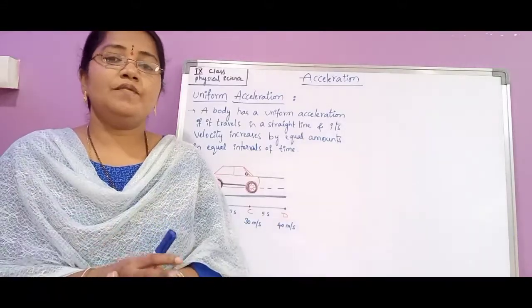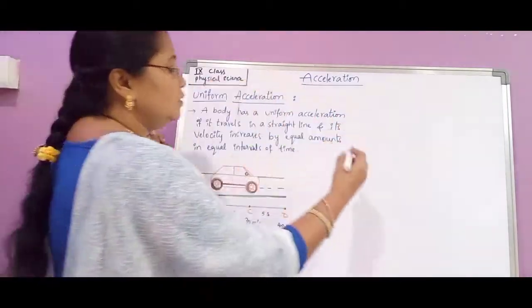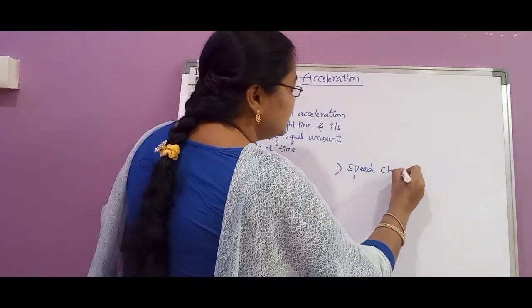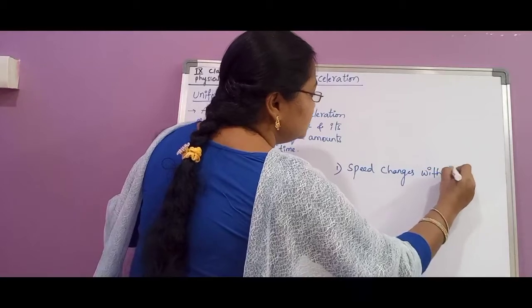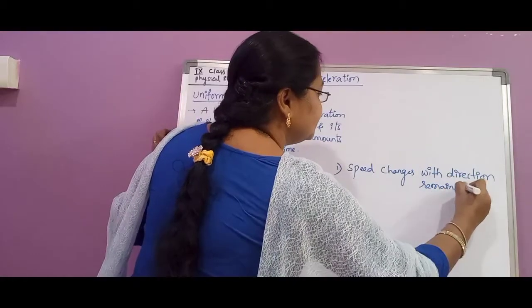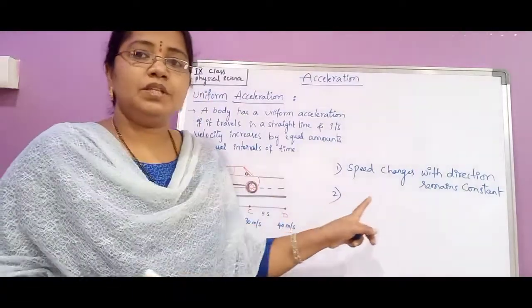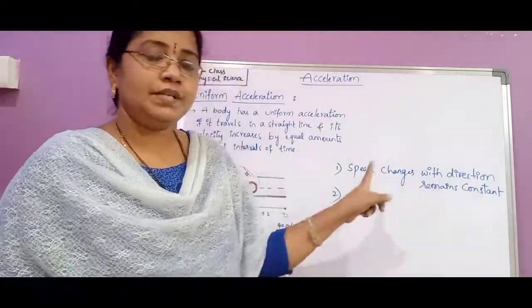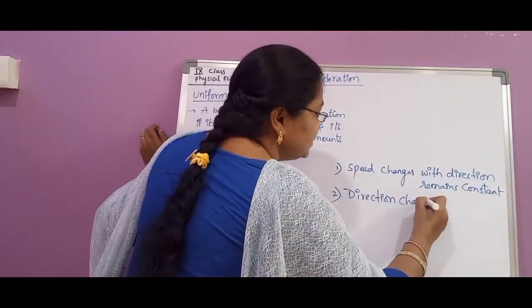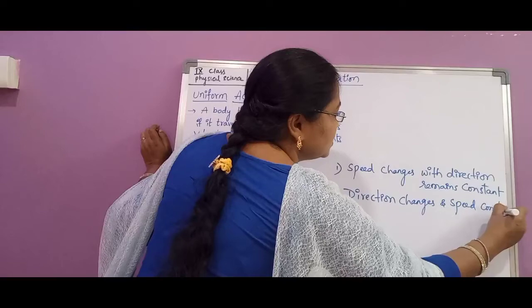Okay, so the velocity of an object can change in three ways. First case, the speed of an object changes with the direction remaining constant.